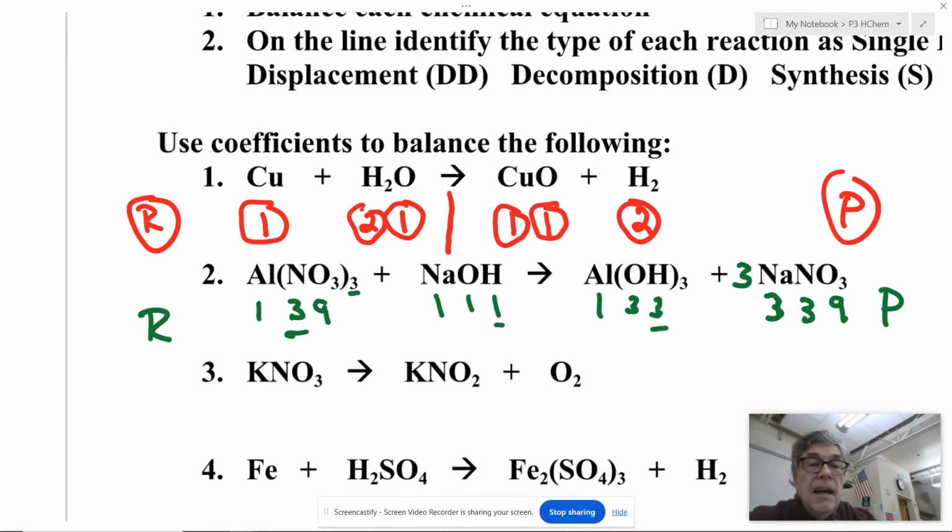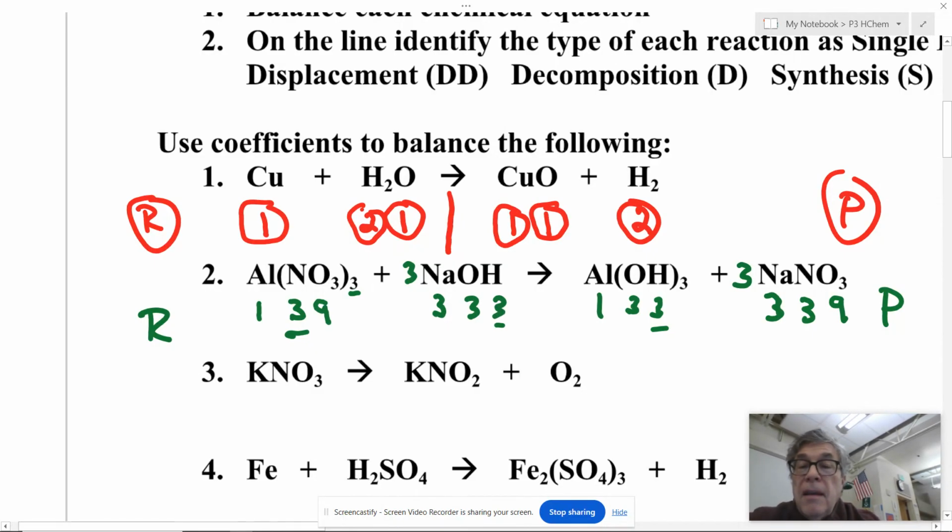Well, let's look. So the nitrogens are balanced. Let's now work on the sodium. The sodium, we have 1 here, but to get 3, so it's balanced on each side, I'm going to put a coefficient of 3, and then I'm going to correct all these numbers down here. 3 sodium, 3 oxygen, 3 hydrogen.